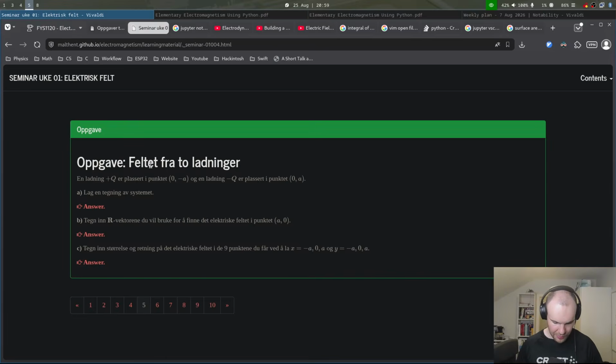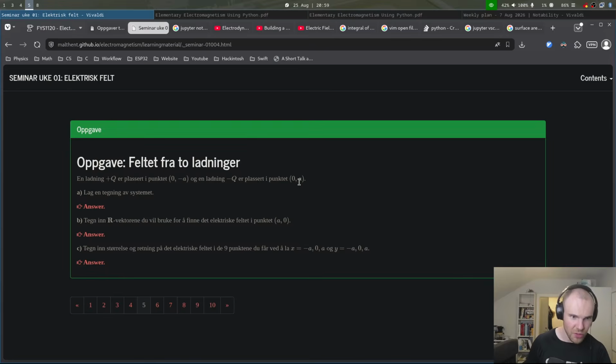Okay, then the field from two charges. A charge positive Q is placed in the point 0, minus A, and a charge minus Q is placed in the point 0, A. Okay, so now we have two charges.